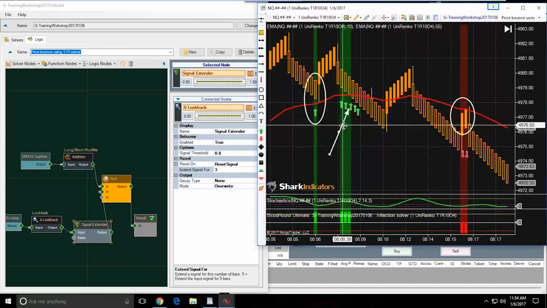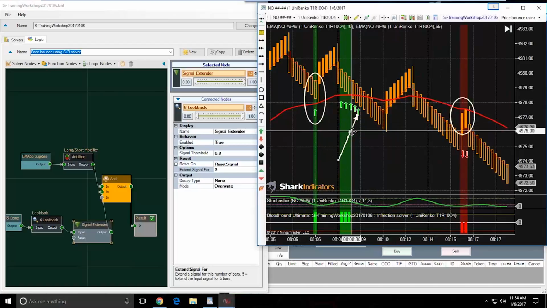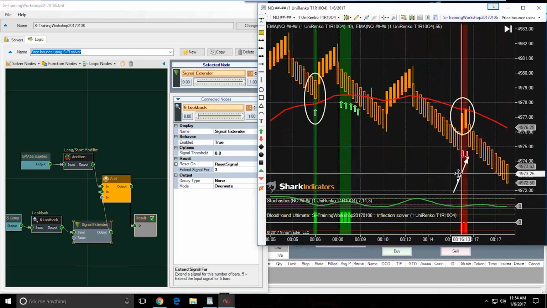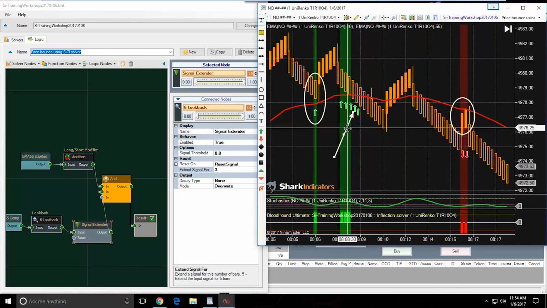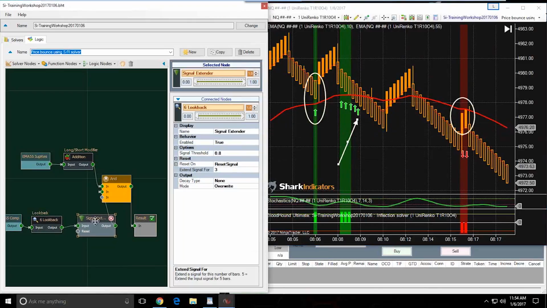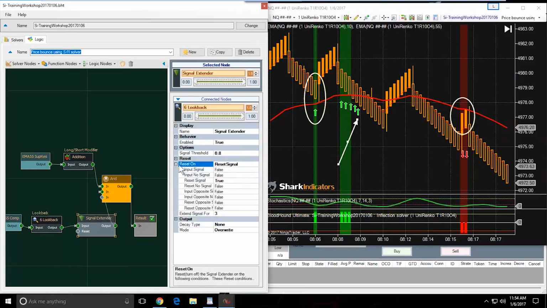We at least have 3 of these bars covered, but the last 2 are missing. We have these 2 down bars covered. So we still have a slight issue here. These 2 bars are still missing a long signal. So let's see what we can do to resolve this.